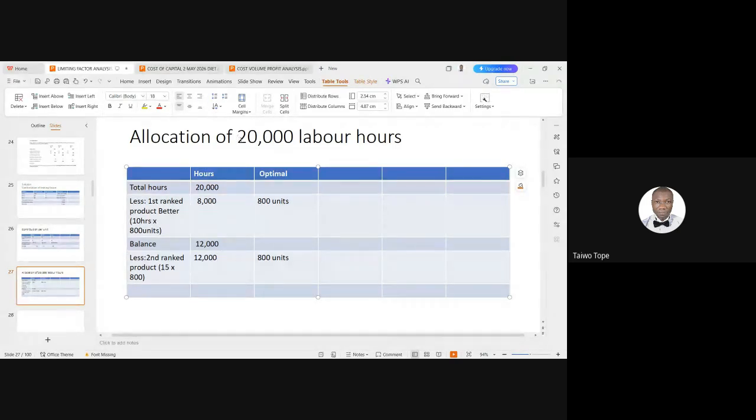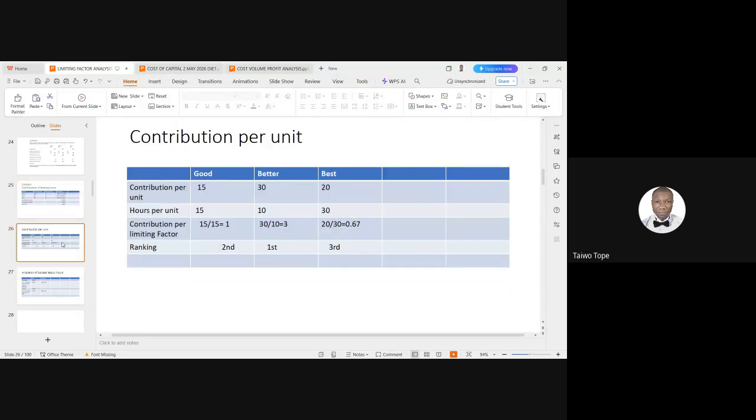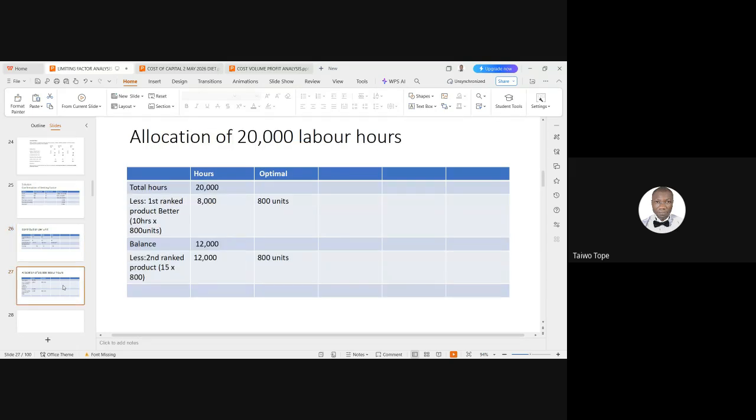This is the allocation of 20,000 labor hours on the best products. Since we don't have more hours left, we won't consider the third product. We don't have sufficient resources, so we close the chapter at that point. You understand?